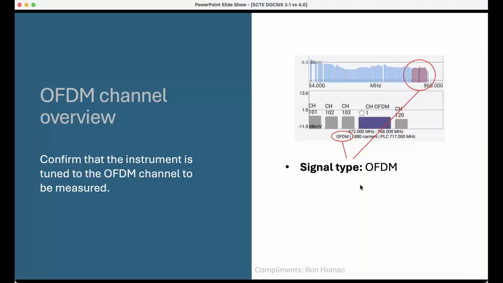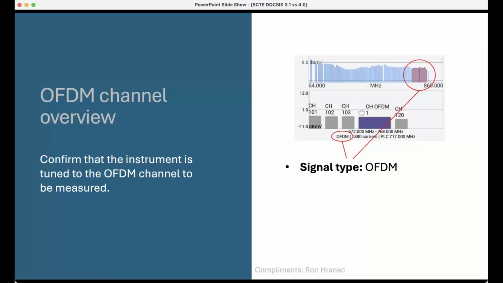On this particular slide here, I've circled this OFDM channel. The DOCSIS specification, part of the DOCSIS standard, provides a measurement to break up the OFDM channel into 6 megahertz chunks and display the power of that OFDM channel in 6 megahertz chunks.